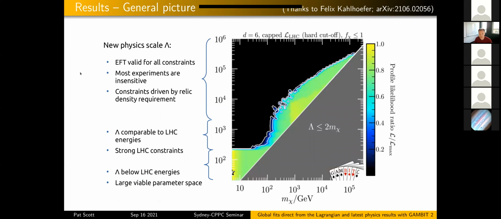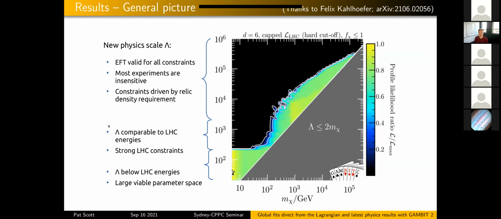So this is the general picture of how a lot of the constraints end up looking. Basically, at large values of the new physics scale, you have the effective field theory valid for all experiments, but they're mostly insensitive at that sort of scale, and the constraints are mostly driven by needing to fit the relic density.